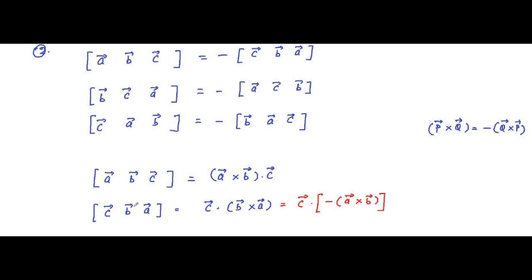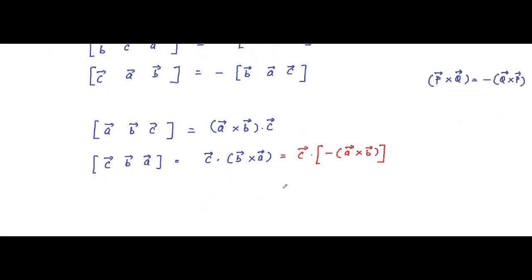We wrote C vector, B vector, A vector as C vector dot B vector cross A vector, and then manipulated using this rule, writing B vector cross A vector as minus A vector cross B vector.